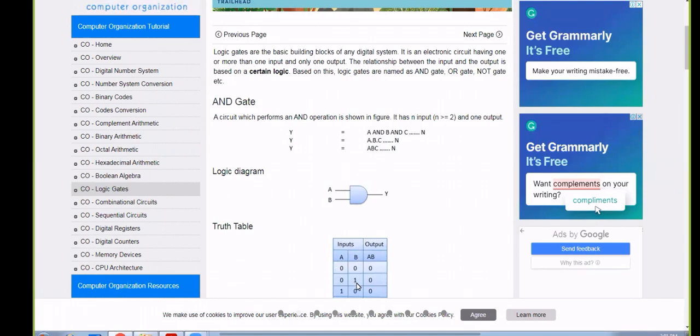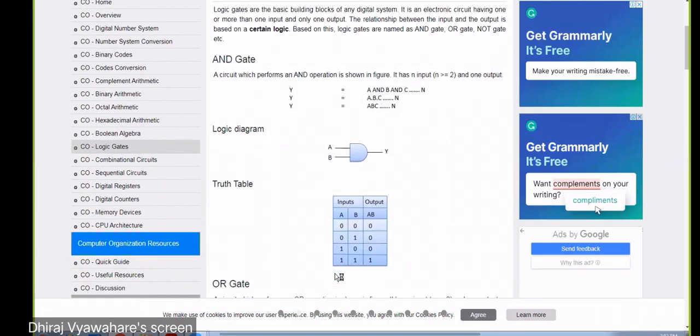When there are two inputs, what are the different combinations of the input? Suppose 0 0, 0 1, 1 0, and last is 1 1. That means when two inputs are there, there are four combinations.